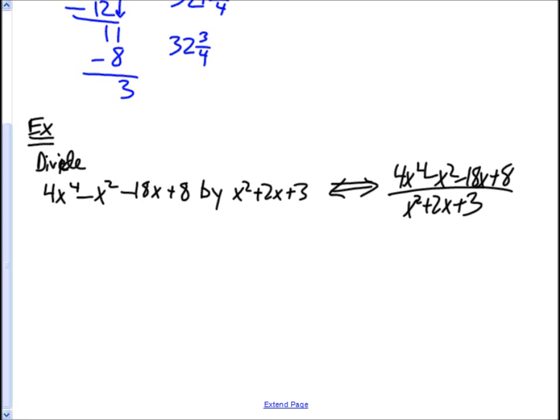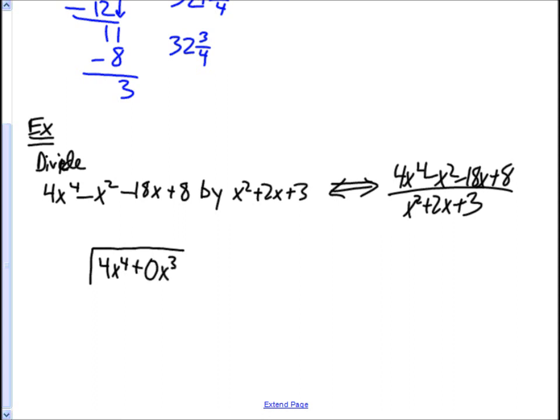Again, whoever is on the top is your dividend. So our dividend here is 4x to the 4th, and you want to write this degree by degree. Notice there's no x cubed term, so you want to leave a space there.